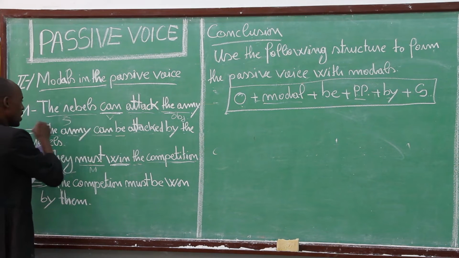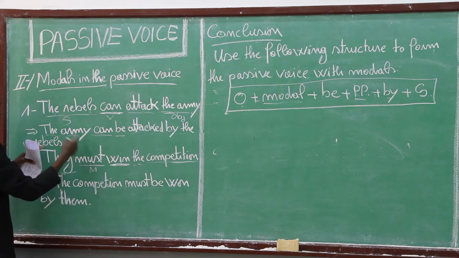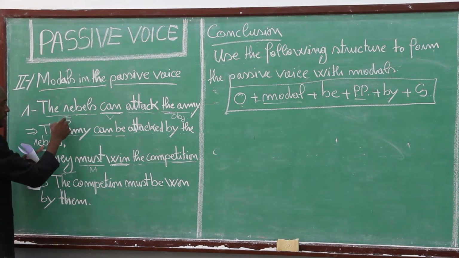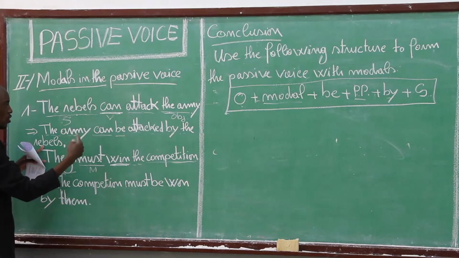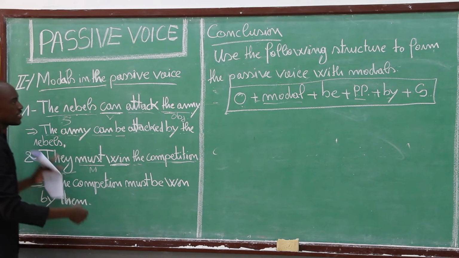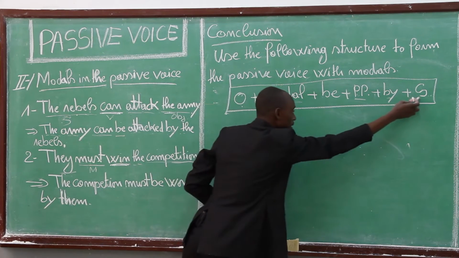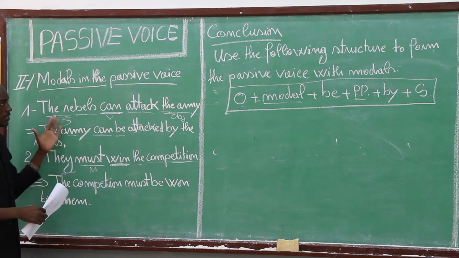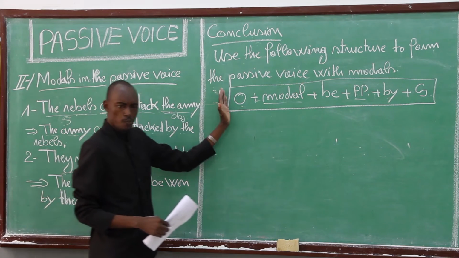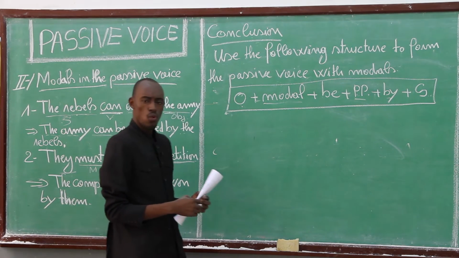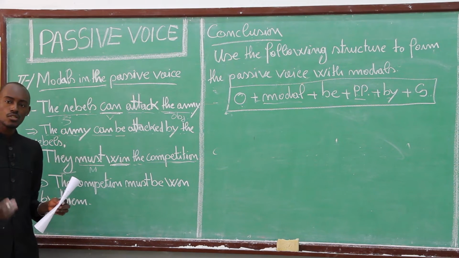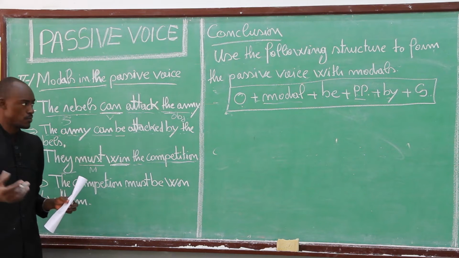The rebels in the sentence is the subject, and in passive voice it becomes the agent. This is the structure you can use when you deal with passive voice with modal verbs.